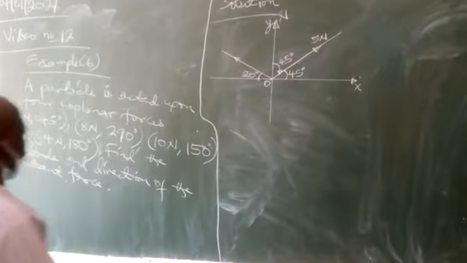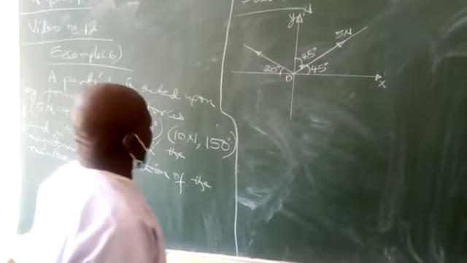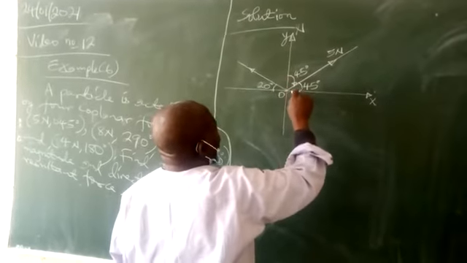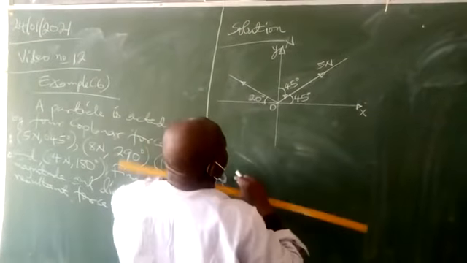Then the third force is 10 Newton, 150 degrees measured from the north. This is 90. 90 from 150 is 60 degrees.